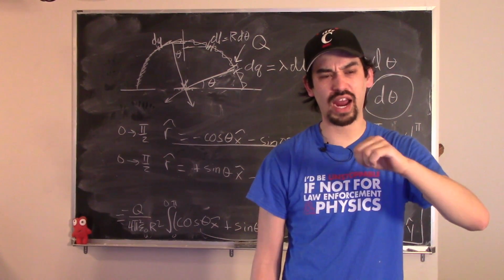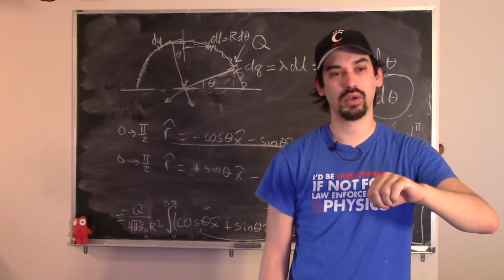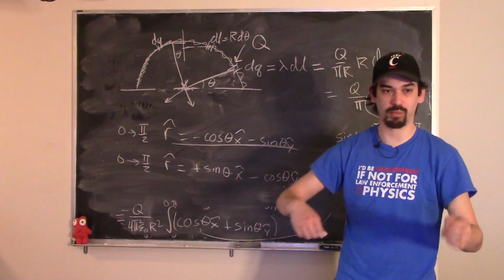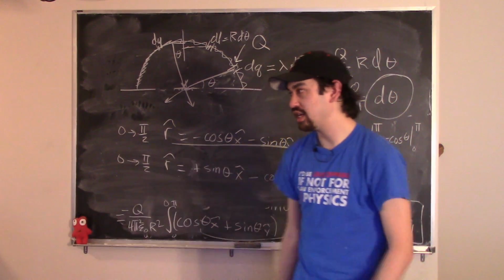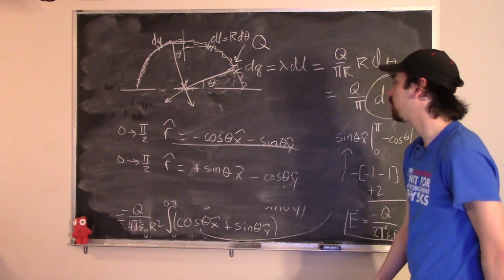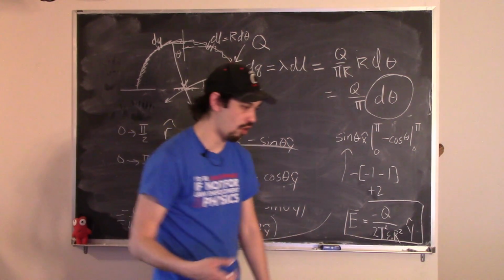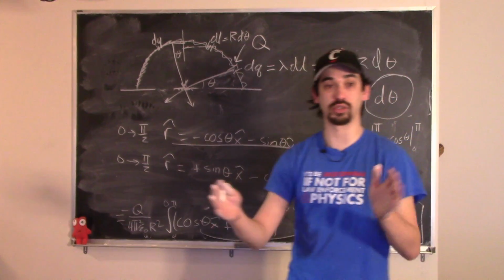You should never have to split the integral from 0 to pi over 2 and then from pi over 2 to pi if you have the same charge distribution and you have the same r hat. You can always just do it as one integral.